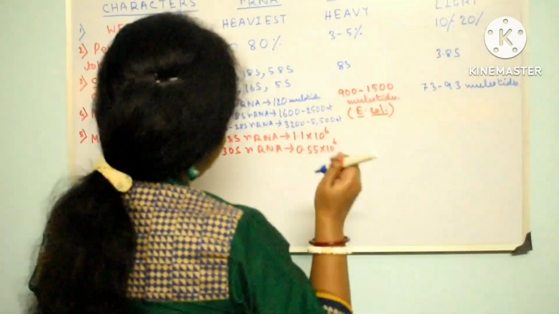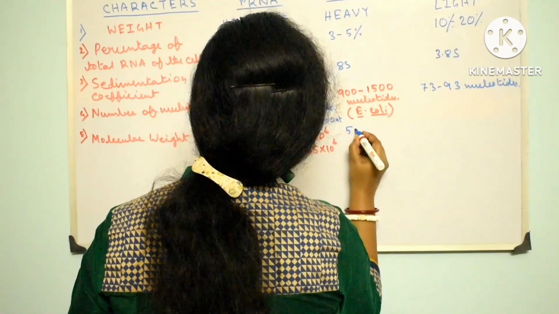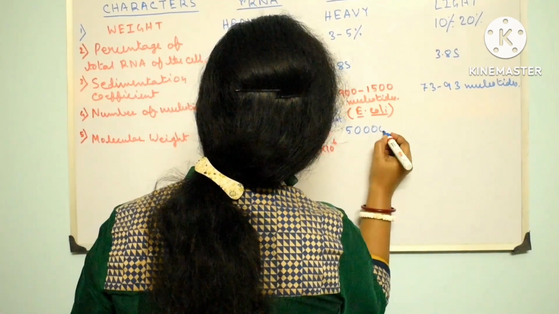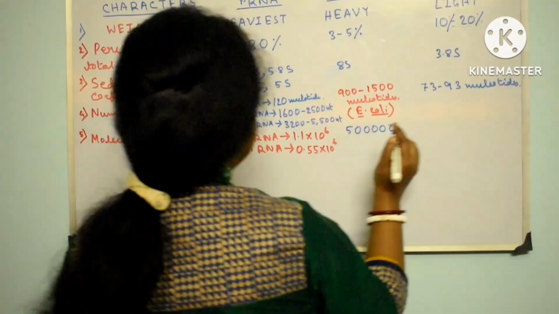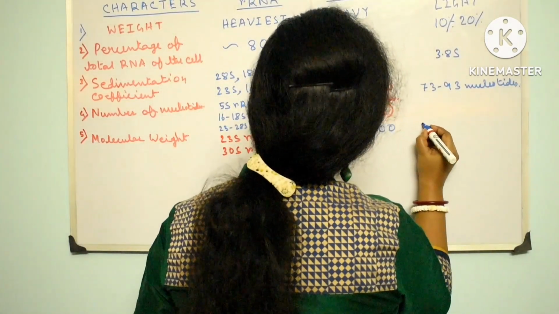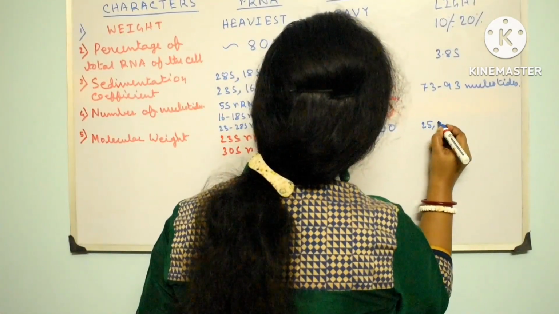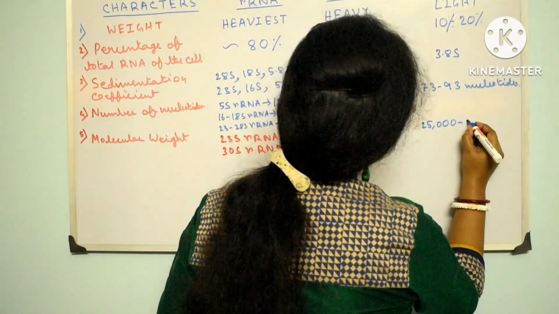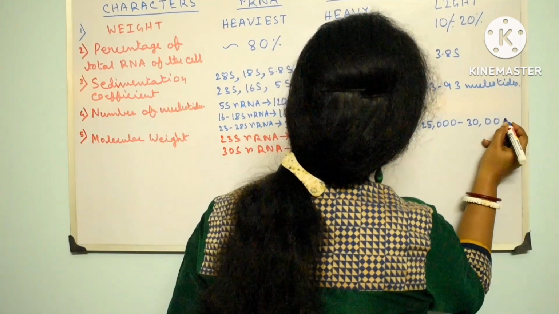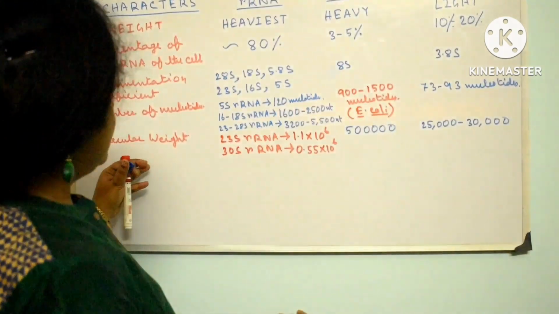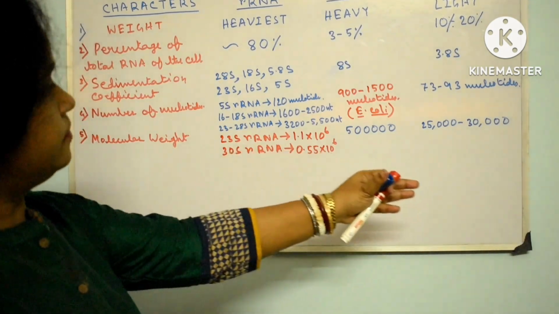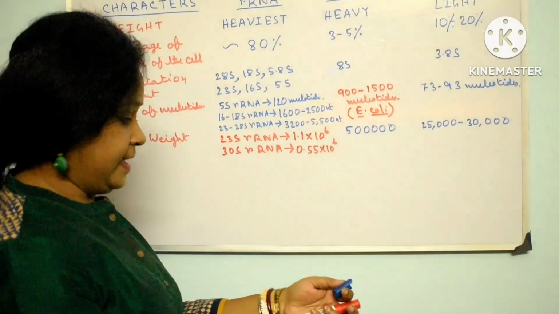Here, in case of mRNA, it will be 5 lakhs. And in case of tRNA, it will be 25,000 to 30,000. So this is about the molecular weight of these three types of RNA.